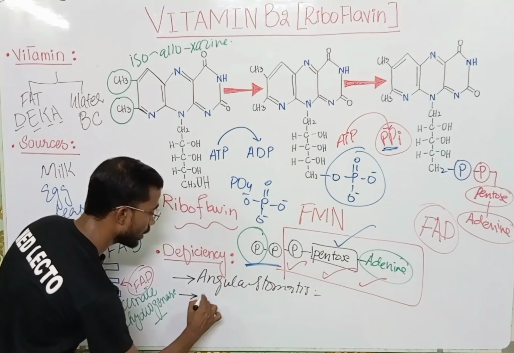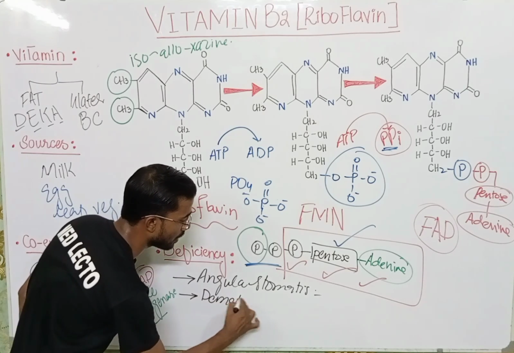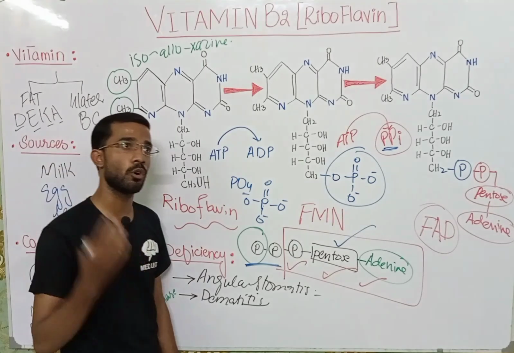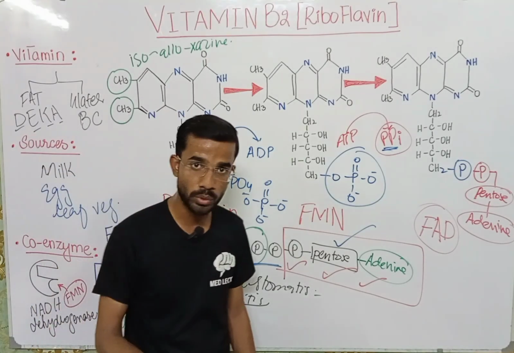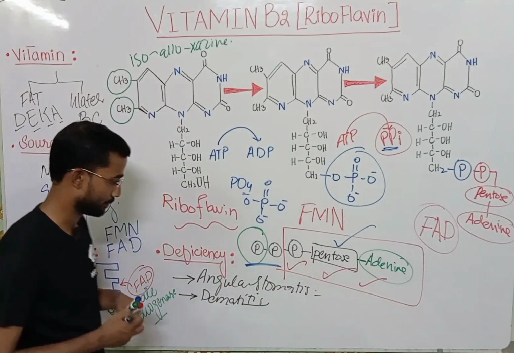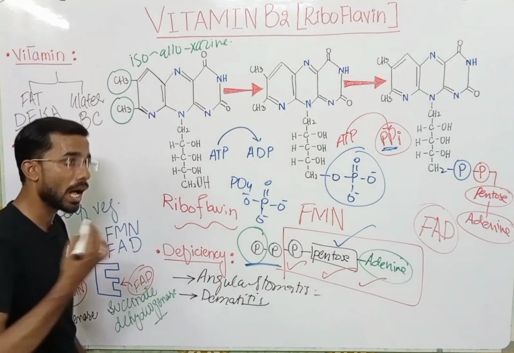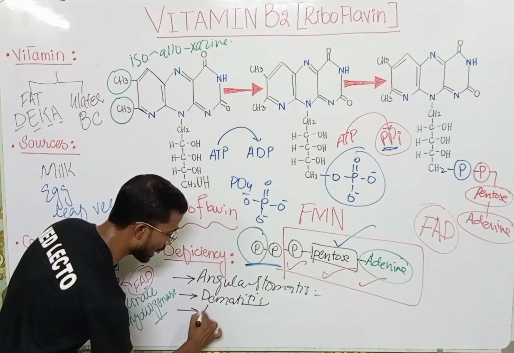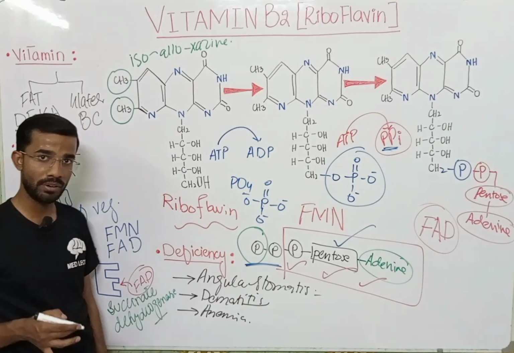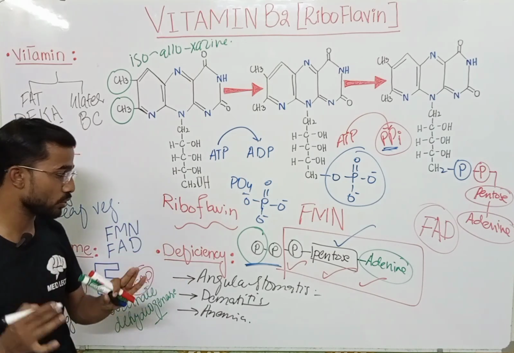Next, you will see dermatitis. This is another condition, and you will see it mostly at the scrotum and the vulva. And you can also see anemia in case of riboflavin deficiency, but this is a rare situation.